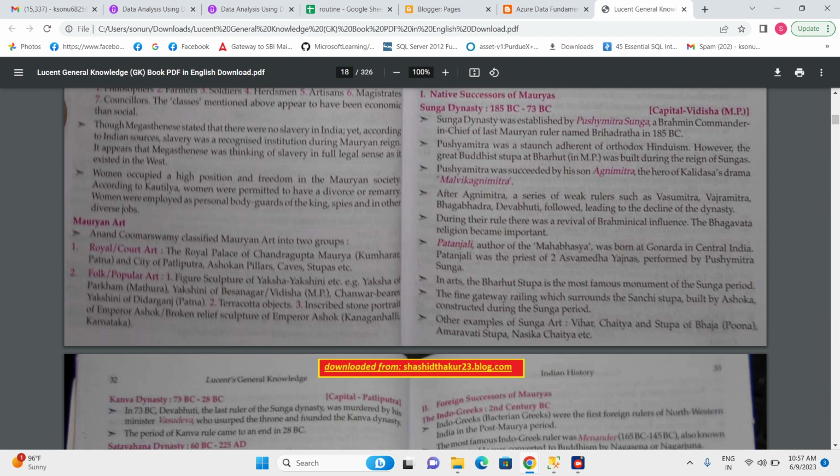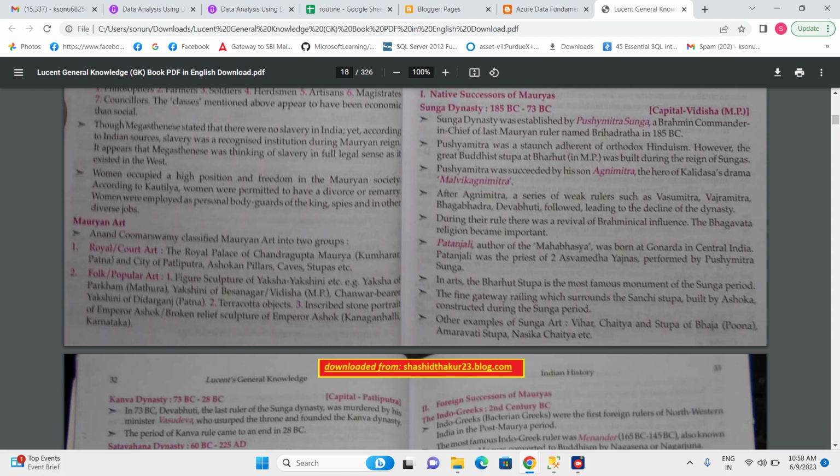The third ruler was Satakarni, and another important ruler was Hala. Hala was the 17th ruler of the Satavahana dynasty, and why is he important? Because Hala was the author of the book Gatha Saptashati, which was written in the Prakrit language.